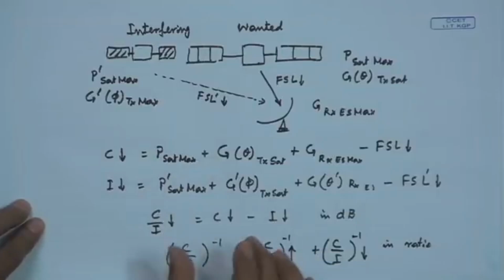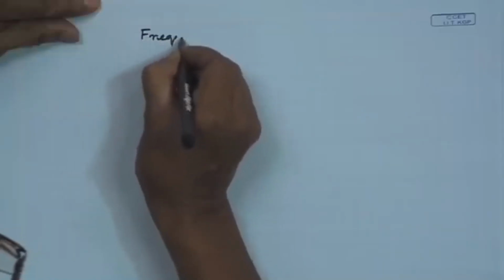I. But then there is some bandwidth interference, how much of the interfering bandwidth is really overlapping on the wanted bandwidth, that also has to be considered. So, let us see that we do a bandwidth adjustment factor. That is called the frequency or bandwidth adjustment factor.